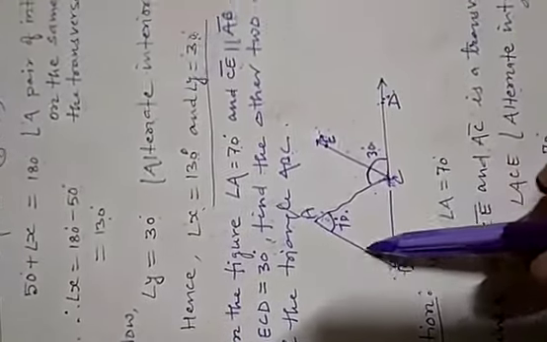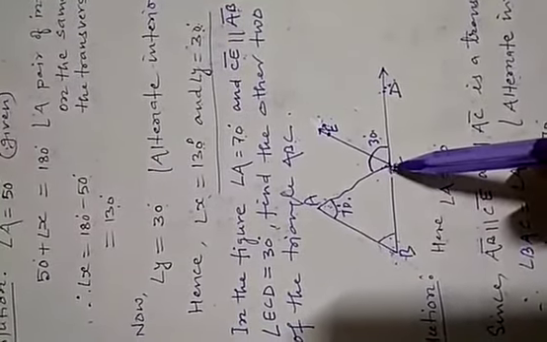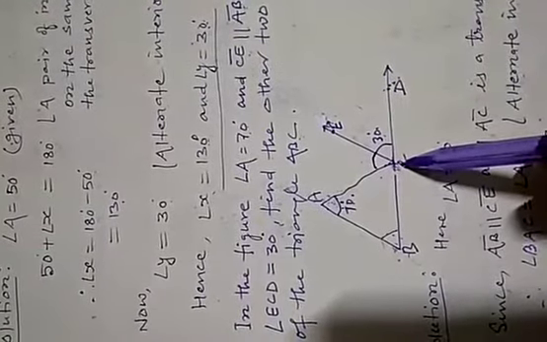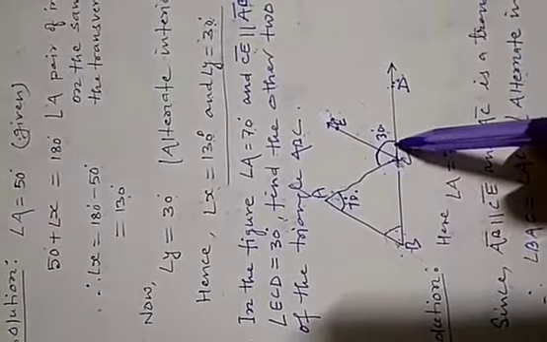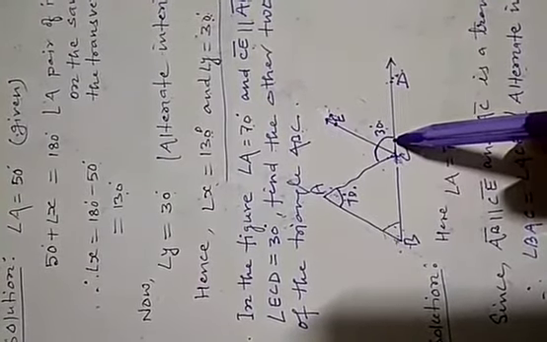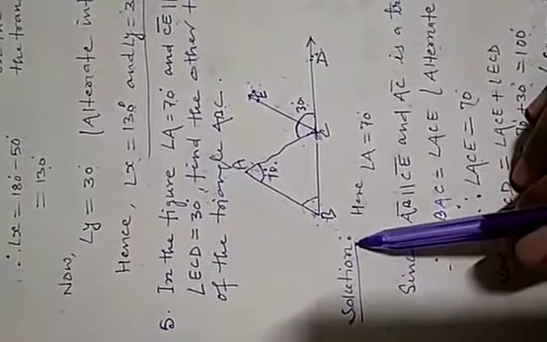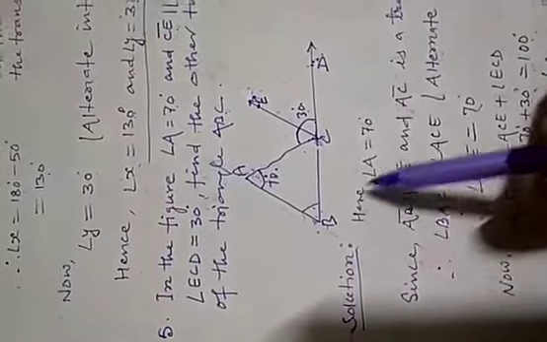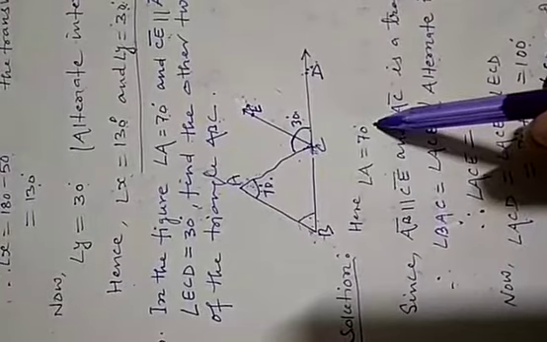In this figure, AB is parallel to CE and angle A equals 70 degree. Angle ECD is equal 30 degree. Clear? Now, solution is here. Angle A is equal 70 degree.